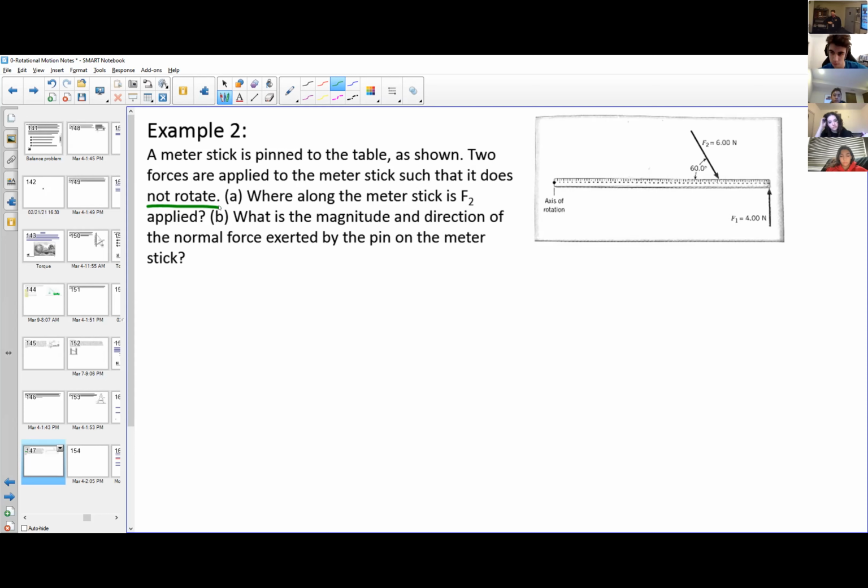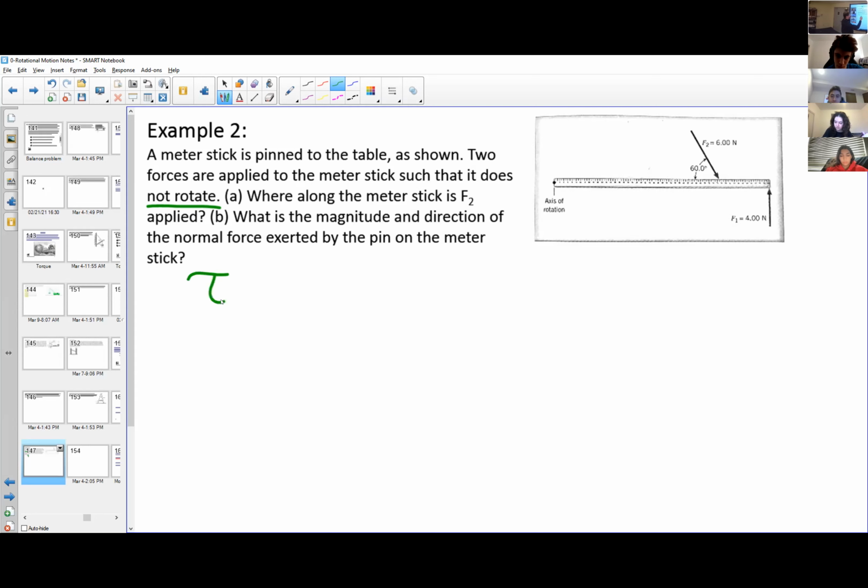So if we want to solve this focusing on forces, we also have to include the forces of the pin here, and we don't really know any of them. While we are going to think about them, and we are going to need to do that for part B, starting there isn't going to get you very far. It's okay to start there. You just won't be able to get very far. But torque, because these 2 forces are trying to make the meter stick rotate, torque actually works. And we can get pretty far because we know enough about it.